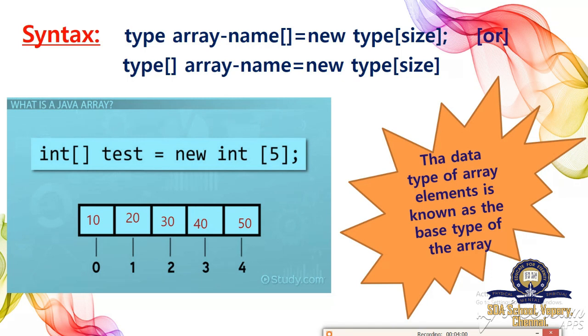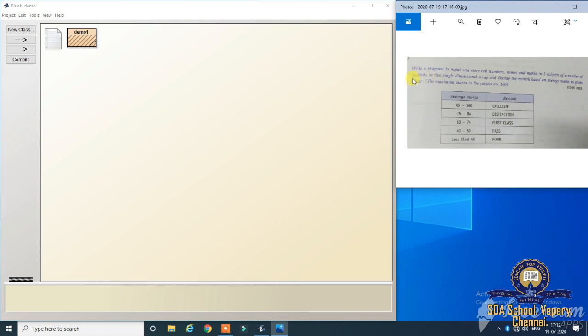Now let's see one example program in single dimensional array. The program question is: write a program to input and store roll numbers, names and marks in 3 subjects of n number of students in single dimensional arrays and display the remark based on average marks as given below.